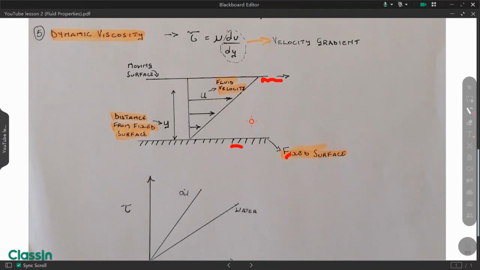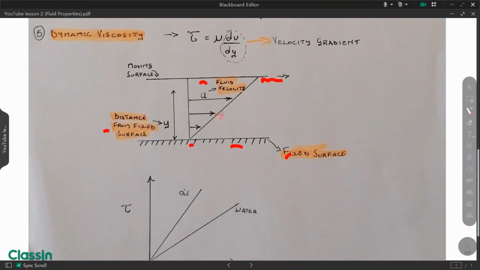Now move your upper hand. The top card will have higher velocity compared to the lower card. Moving upwards from your bottom hand, which is the distance from a fixed surface, the cards move faster relative to the lower card.